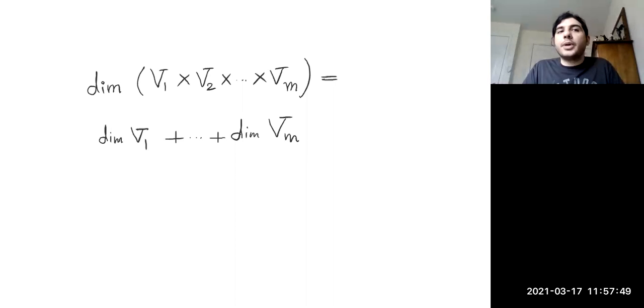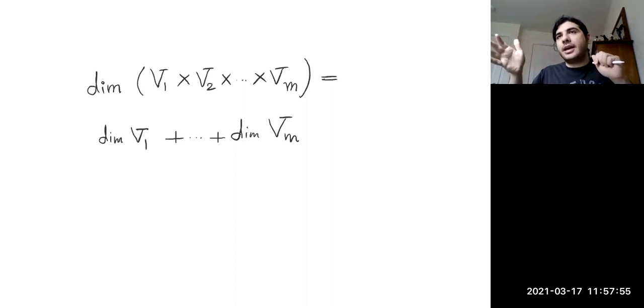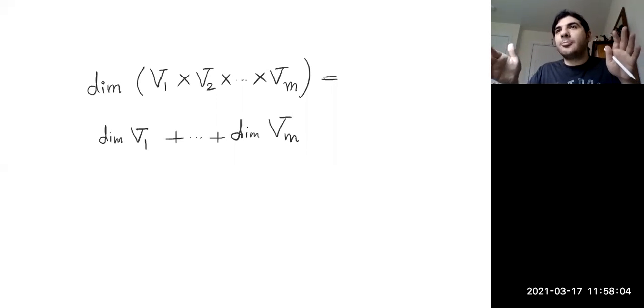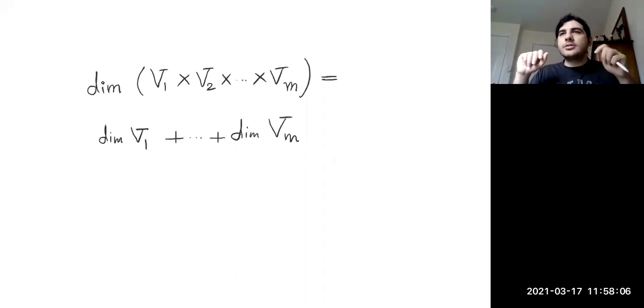That is correct. But now, suppose I know the dimension of V1 up to Vm, and I want to find the dimension of the product space. How can I use these spaces V1 up to Vm to construct a basis for this product space? That's the idea.